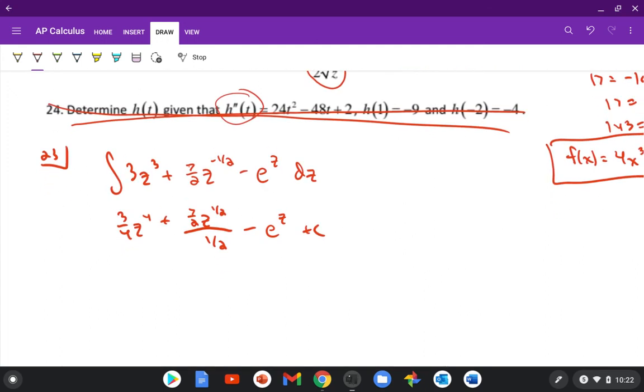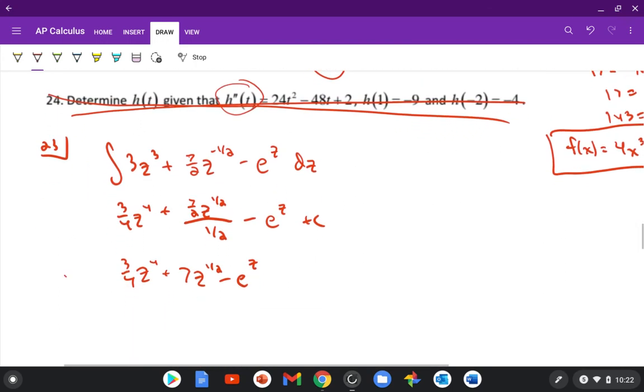Simplifying this a bit, we get 3/4 z to the fourth. Flip that bottom and multiply. The 2's would actually cancel and give us just plus 7 z to the 1/2 minus e to the z. And that would be g of z. That's the general solution.